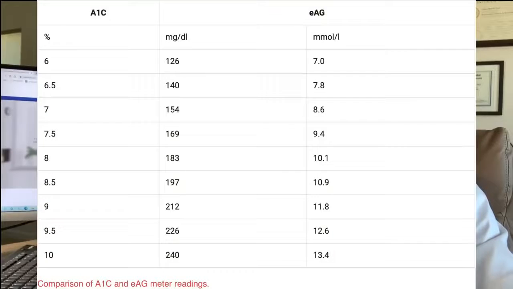So 6% is 120, 7% is 150, 8% is 180, and it goes on. I'm going to cheat here: if you look at 12%, that's around 300. You can make an easy calculation about that. I hope that's easy to understand, and we'll move on to the next topic now.